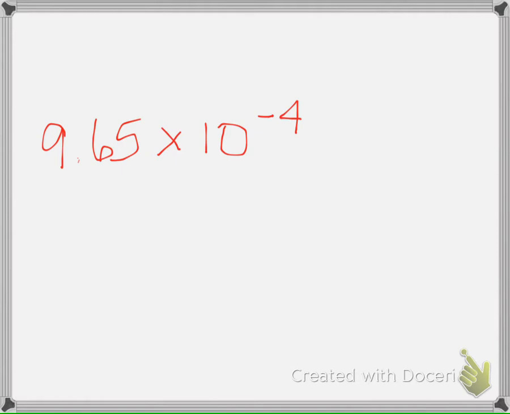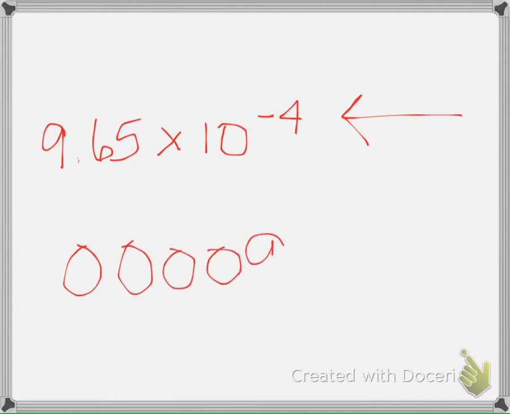Okay, welcome back. Just a moment ago I told you if you have a negative exponent, you're going to move the decimal to the left. So what you should have done is write some zeros here and then put 9.65, because it's 10 to the negative fourth. So we're going to move our decimal to the left to get a standard number.